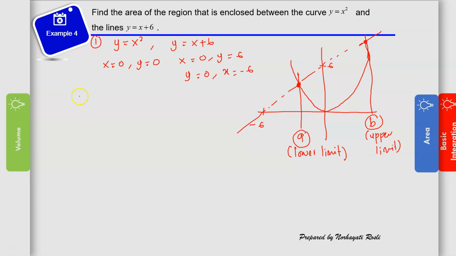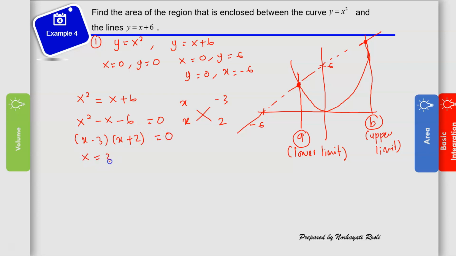That is, x squared equal to x plus 6, so that we can compute the values of A and B. When we rearrange this, we have x squared minus x minus 6 equal to 0. Then we can use factorization, or you can use your calculator, in which we get x minus 3 and x plus 2 equal to 0.